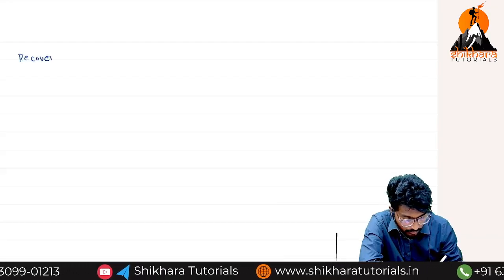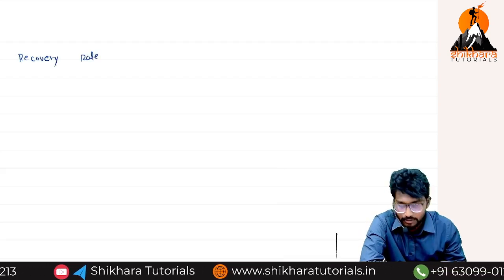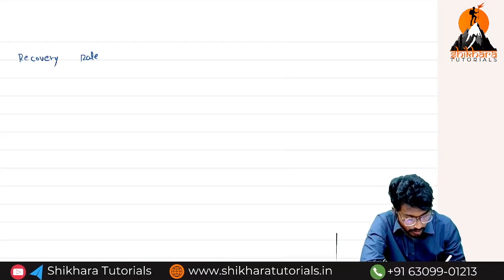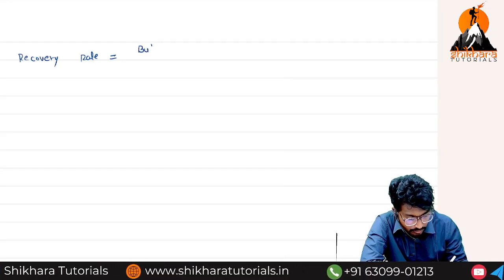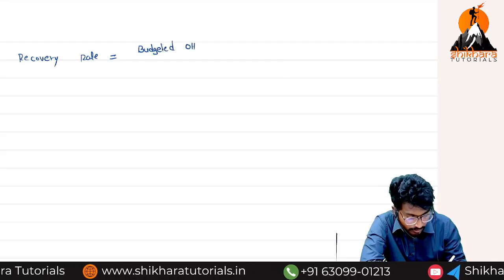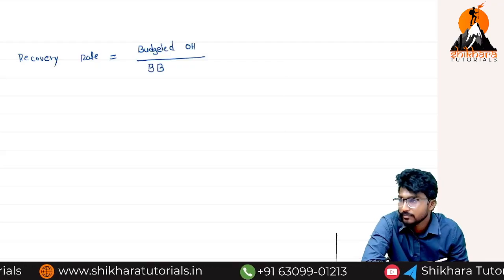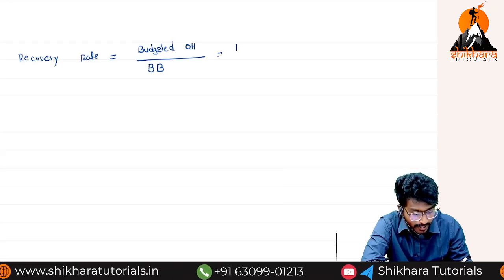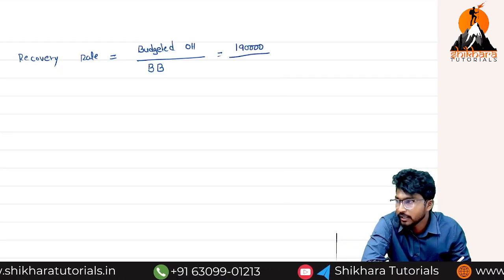Recovery rate, or it may be termed as absorption rate as well, is equal to budgeted overheads divided by budgeted base. Now, what is the budgeted overheads? 1,90,000 divided by labor hours.